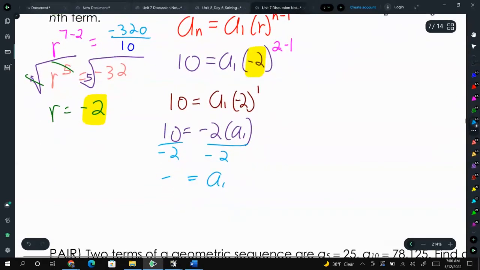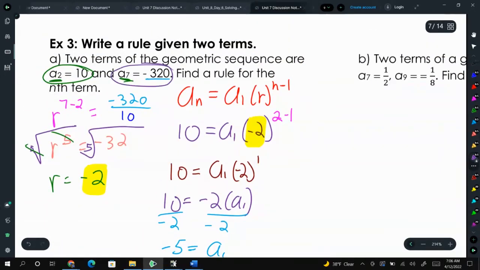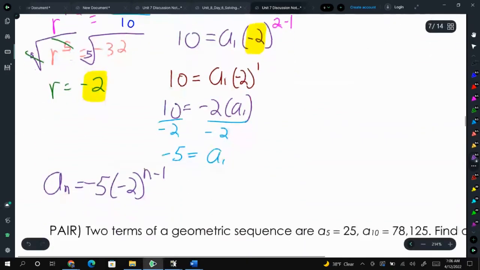So now that we have our rate and our a sub 1, we can write the explicit formula: a sub n equals negative 5 times negative 2 to the n minus 1 power. And like we do with arithmetic sequences, you can plug in 7 for n to see if we get negative 320.